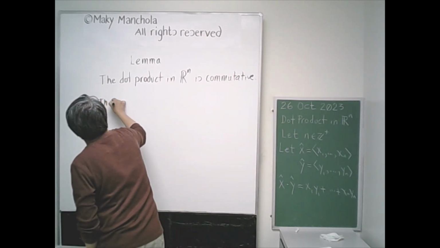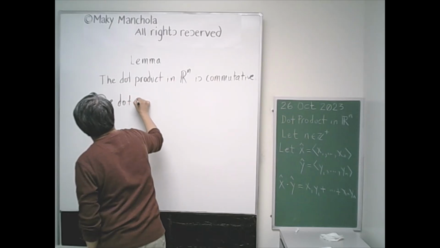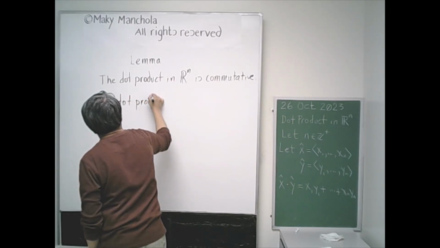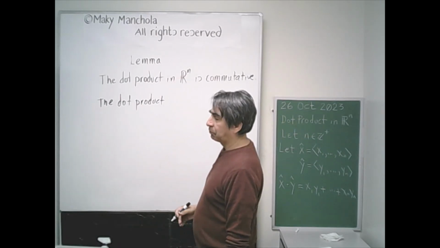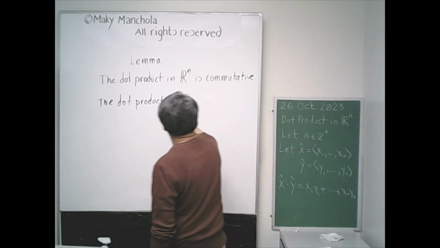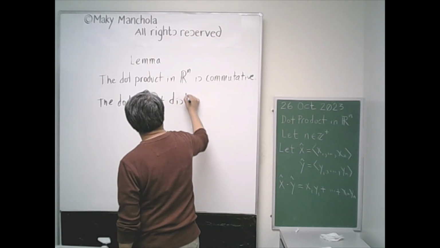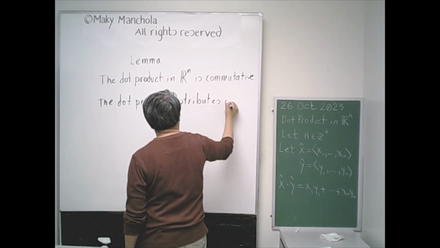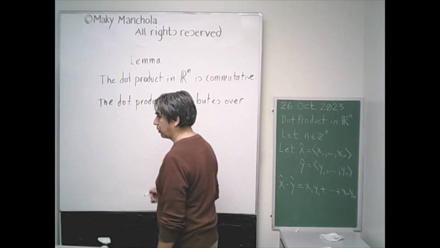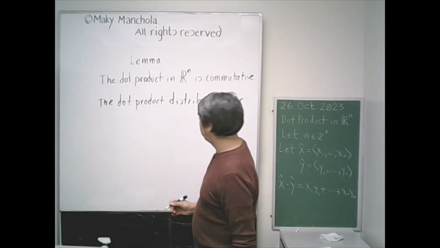So the dot product in Rn distributes over addition of vectors in Rn.